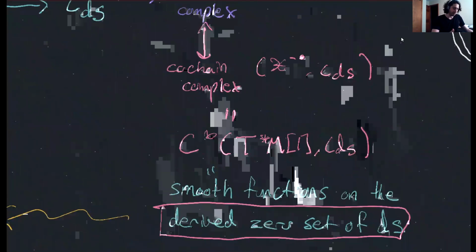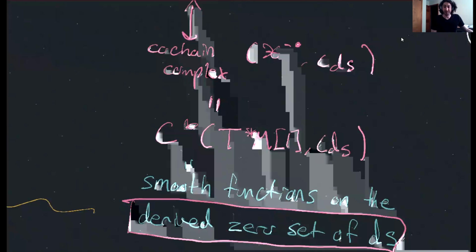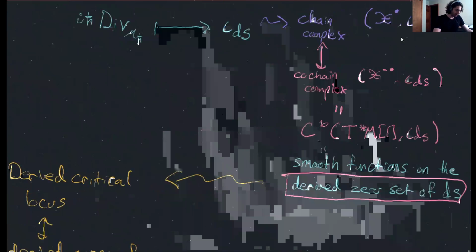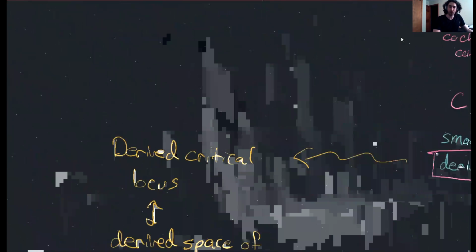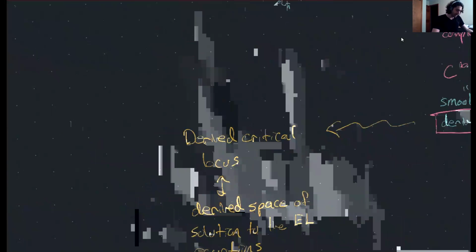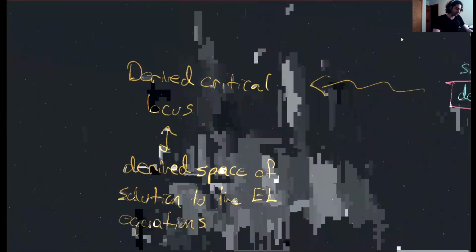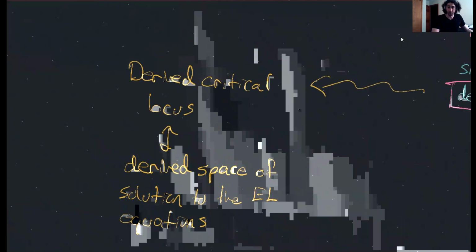That's a model for the derived zero set of ds, as we saw, as a DG manifold. So we get the so-called derived critical locus of the action functional popping up seemingly out of nowhere. This leads us to study the derived space of solutions to the Euler-Lagrange equations.